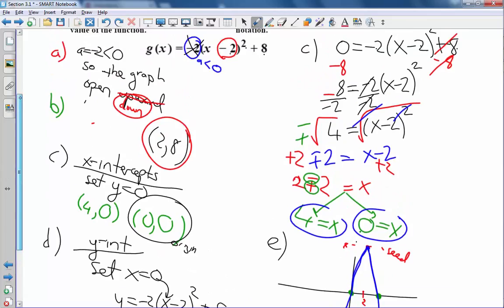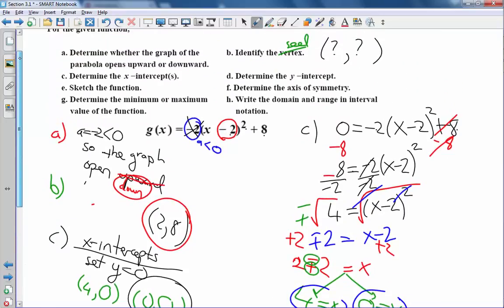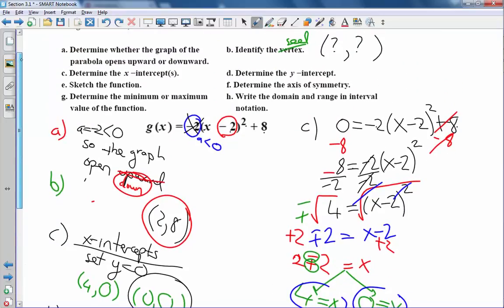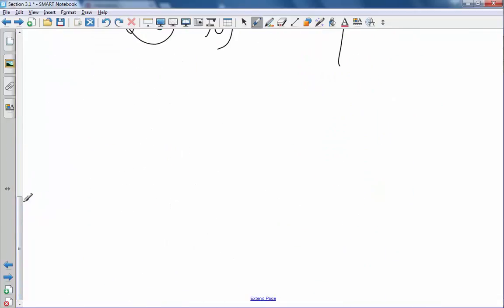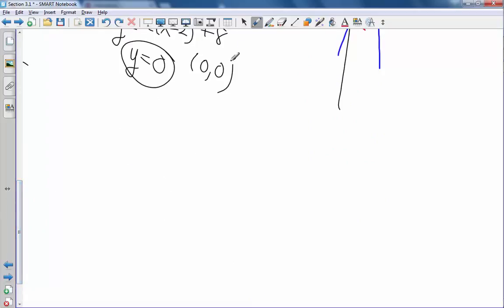Alright, what is in E? We did that part. F, determine the axis of symmetry. Axis of symmetry is x equals some number. How do I find that number?